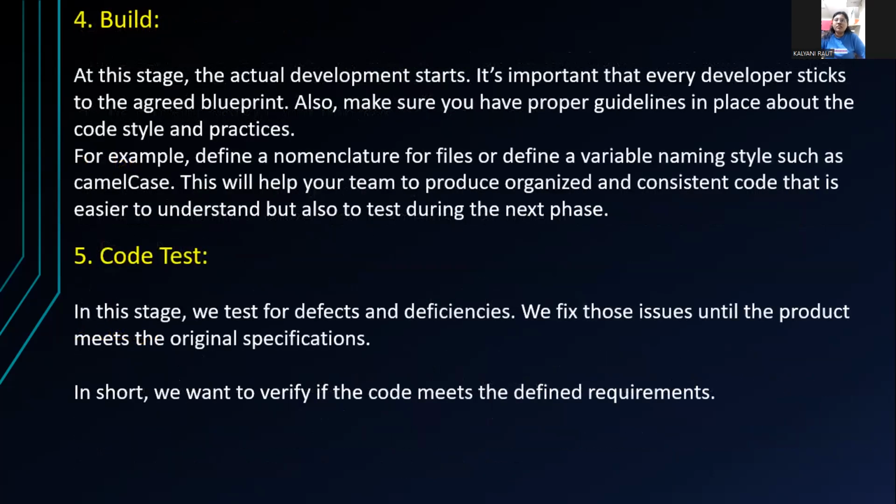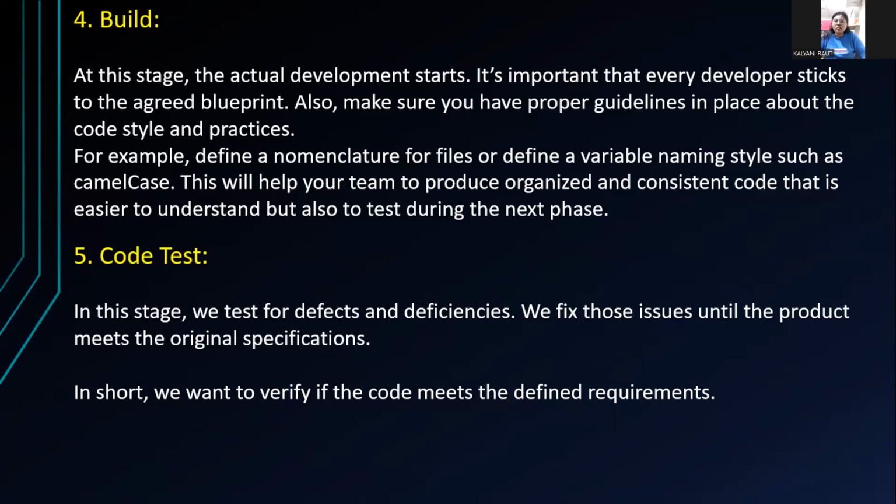Then build. This is where actual development starts. It's important that every developer sticks to and agrees to the blueprint of the app. For example, it will help you get consistent code that is easier to understand. Then next is the code test.